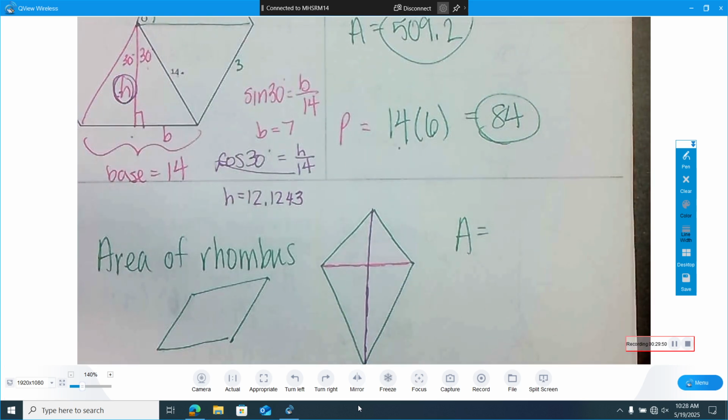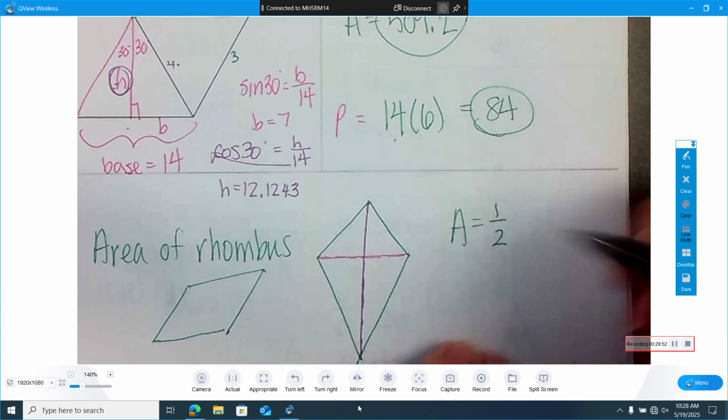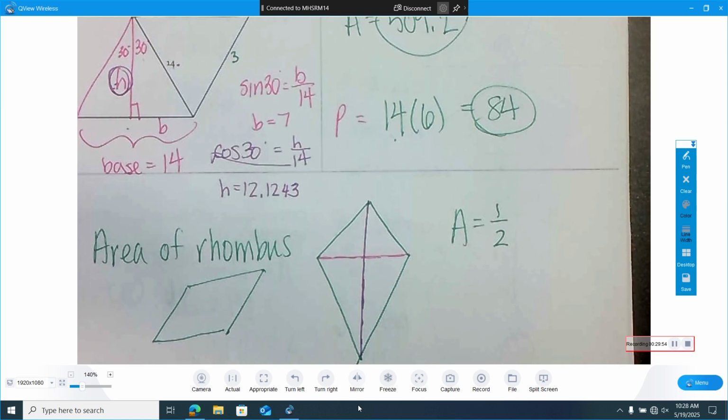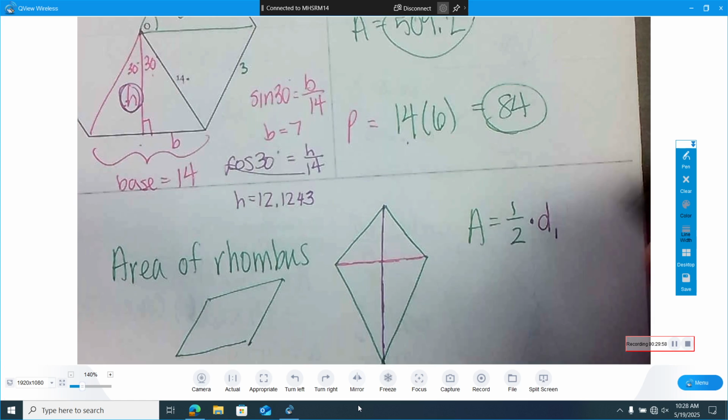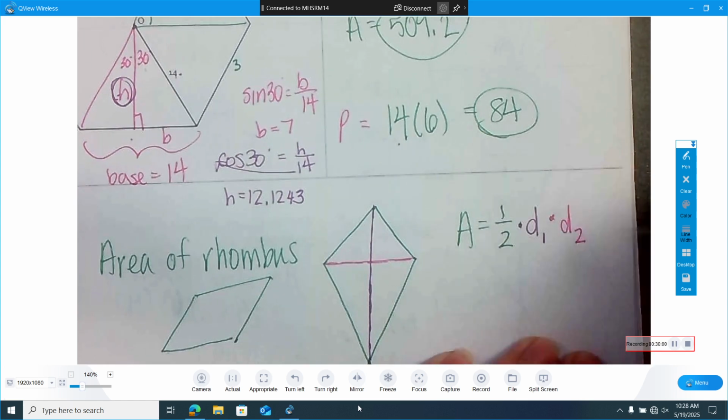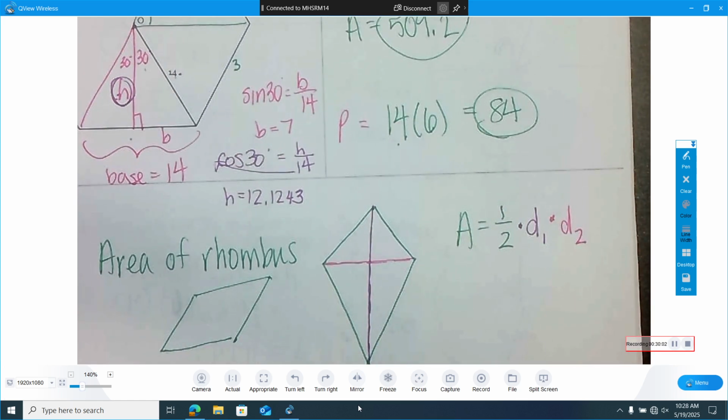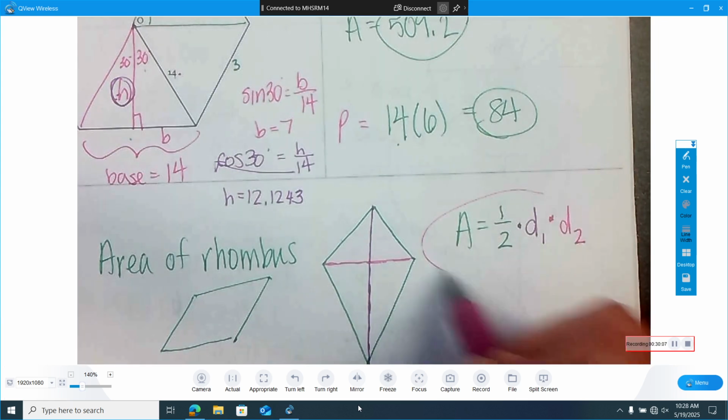So it turns out that the area of a rhombus is 1/2 times diagonal 1 times diagonal 2. So it is just half the product of the diagonals. And that works for any rhombus.